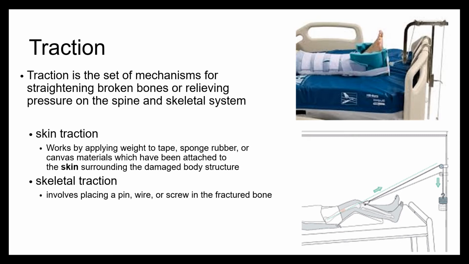It provides a long-term pull that keeps the injured bones and joints aligned. Once the surgeon places the pins or wires into the bone, then weights are attached to those devices to maintain the alignment of the broken part. The weight that's applied for skeletal traction can range anywhere from 5 to 45 pounds.